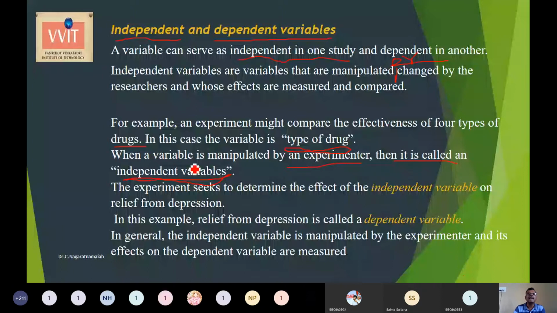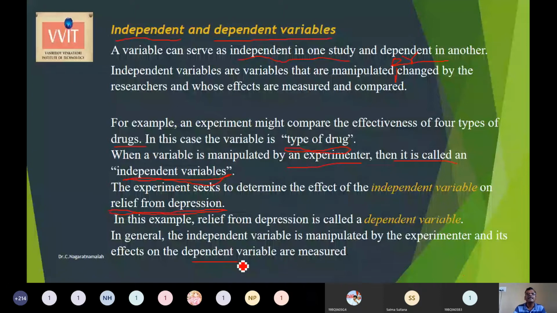Suppose a patient is having some pain or headache or fever. The drug is applied to this person. The drug is the independent variable, but the relief of the person is known as the dependent variable. Depending on the nature of the independent variable, the pain will be increased or decreased. Therefore, the pain or relief is known as the dependent variable. That is very, very important.